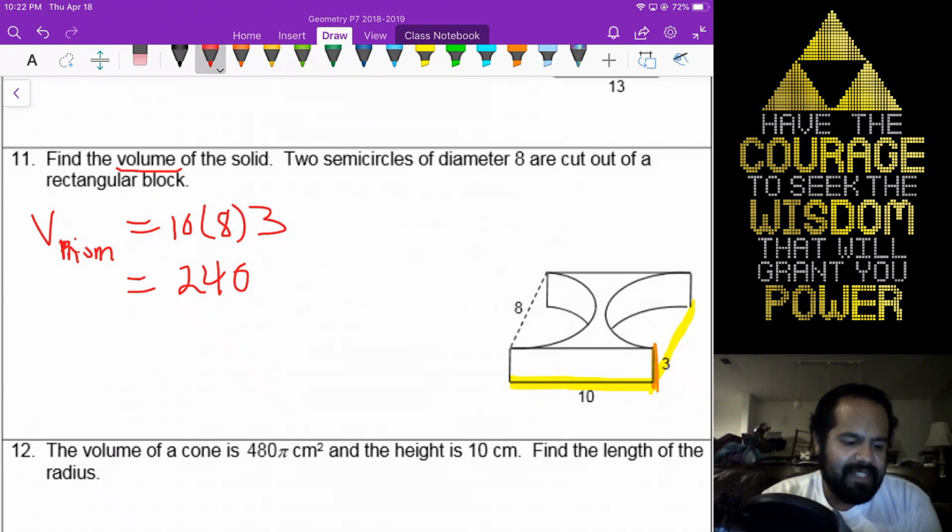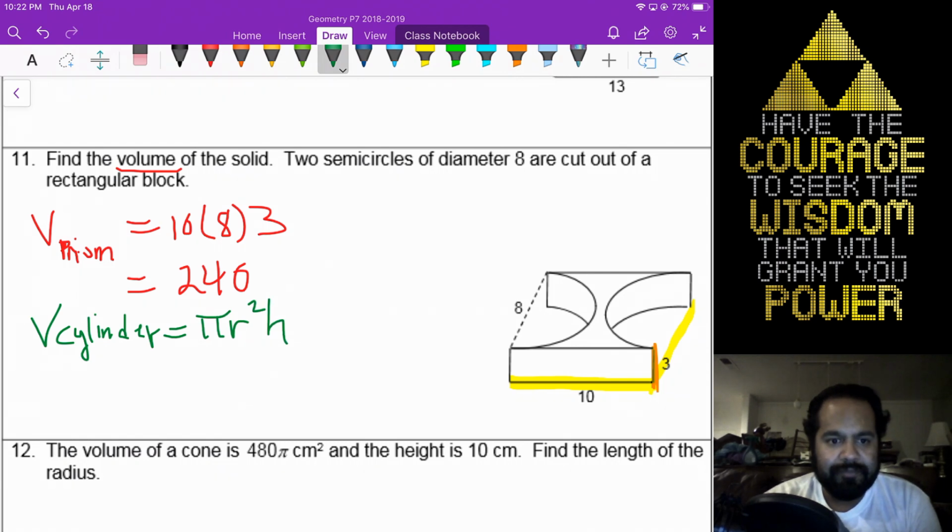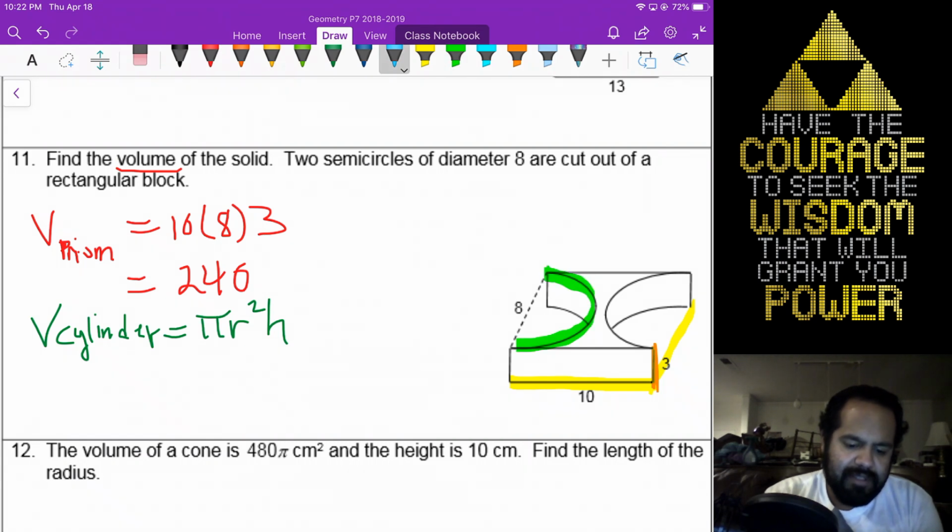Now for our cylinder, remember that that's pi r squared h. So for this cylinder, my radius, remember, is going to go from the center to the edge. Well, here's my center. Here's an edge. That doesn't help me much.